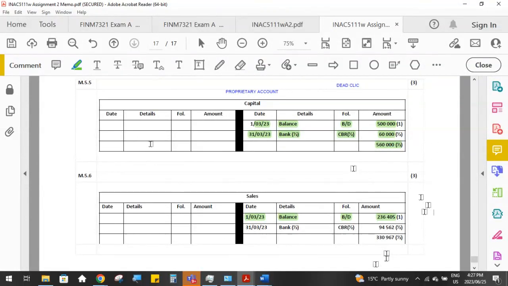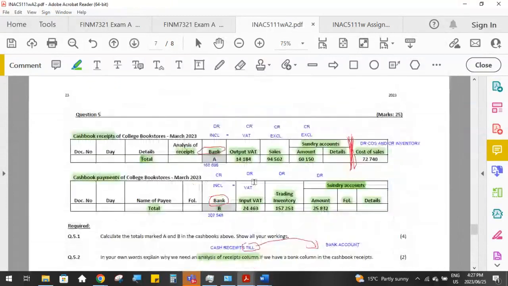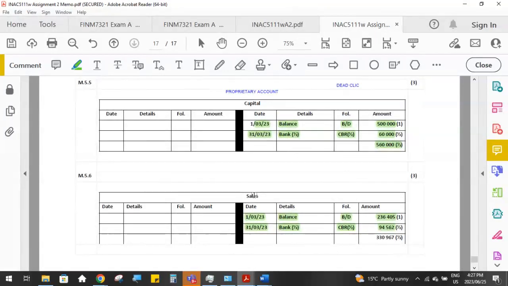And then we are going to record the sales from our cash book receipts, sales column from the cash book receipts, the 94562. We are now going to post that total to the sales general ledger account.